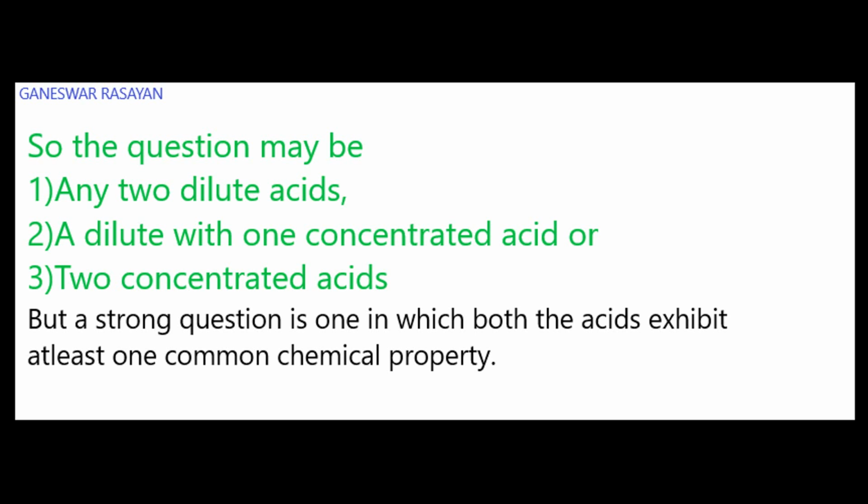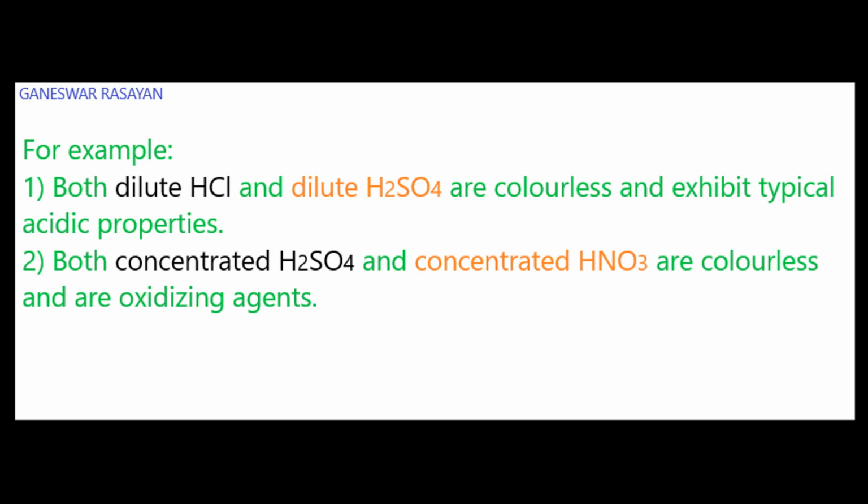So the question may be any two dilute acids, a dilute acid with one concentrated acid, or two concentrated acids, but a strong question is one in which both the acids exhibit at least one common chemical property. For example, both dilute hydrochloric acid and dilute sulfuric acid are colorless and exhibit typical acidic properties.